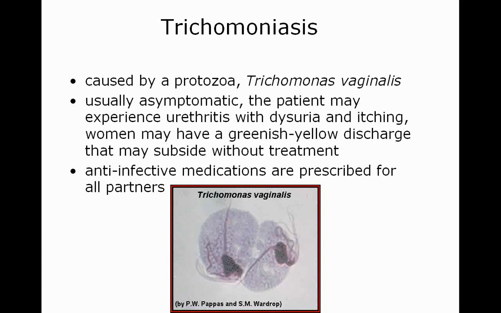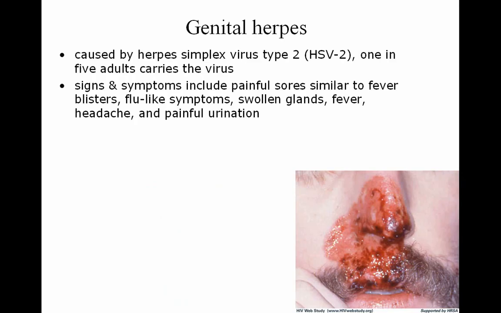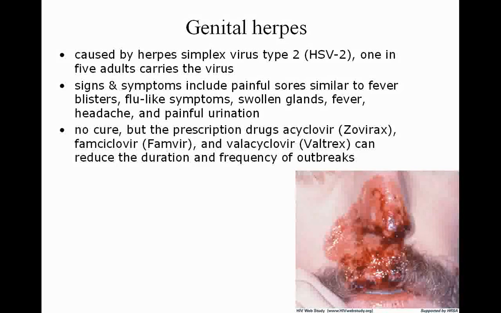The next condition to describe is one of the sexually transmitted diseases that is not curable. In your book, they show some pictures of genital herpes in the female and the male, and I actually have a picture on the screen, and I can hardly even look at these things. They have such blisters on their face.